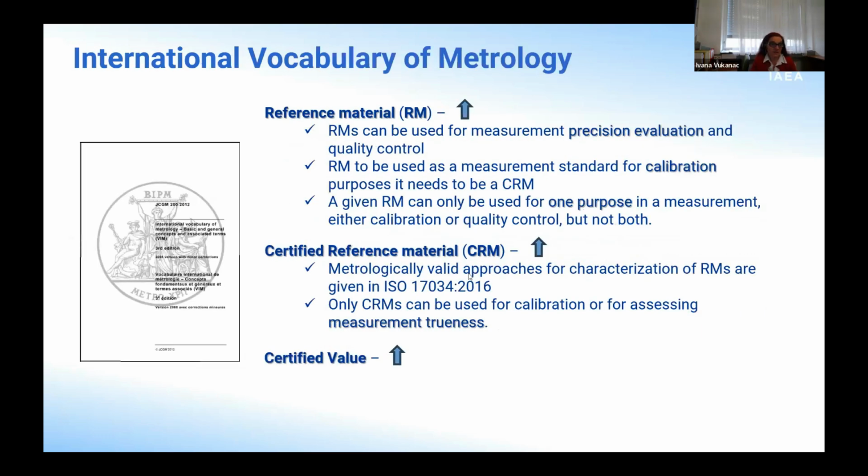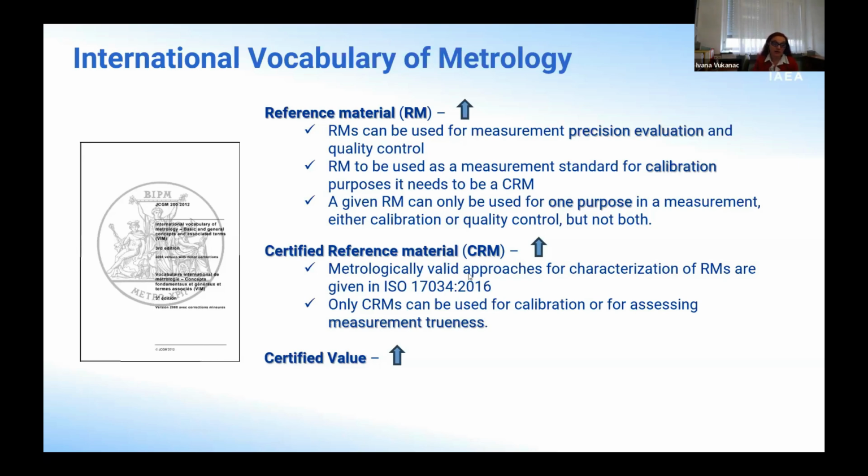In the International Vocabulary of Metrology, we have basically the same definitions, but with some addition of very useful notes saying that reference material can be used for measurement precision evaluation.